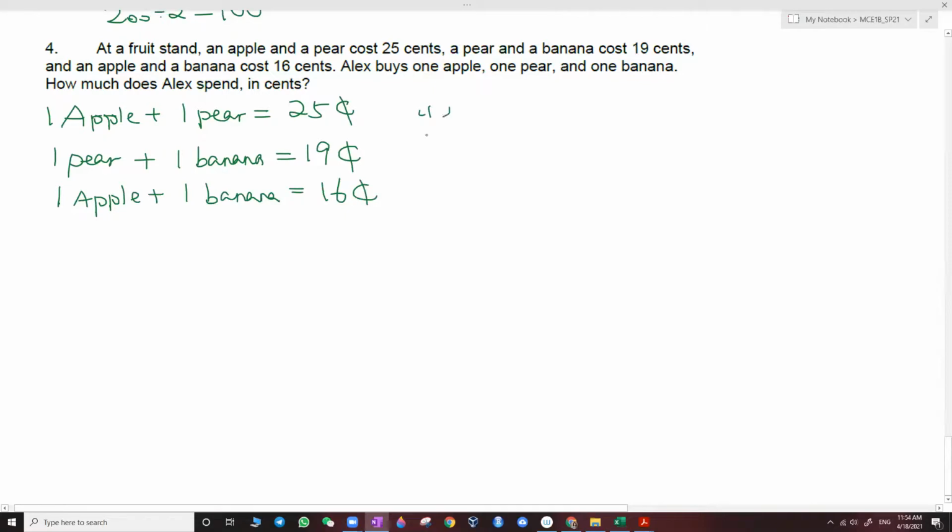So we have 3 equations. Now the question is, Alex buys one apple, one pear, and one banana. How much would it cost Alex to buy one of each kind?